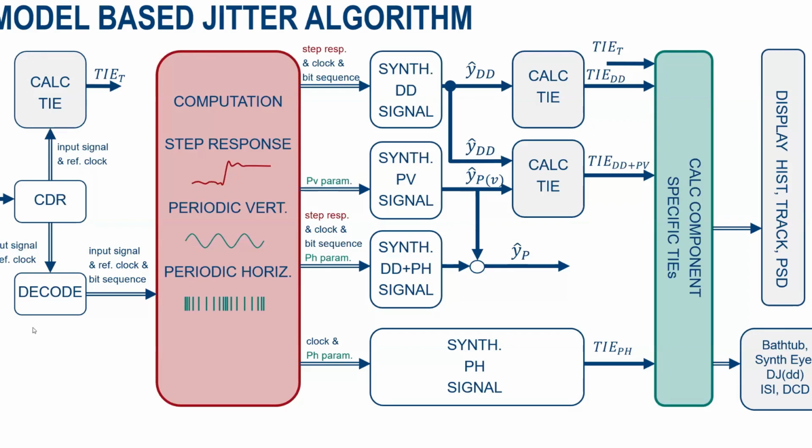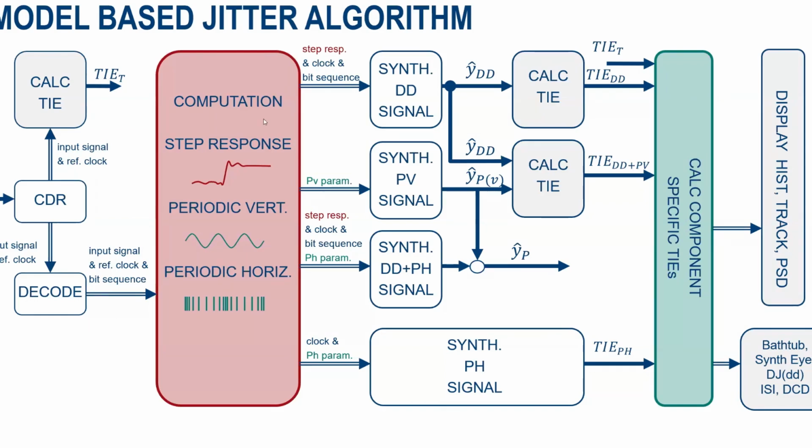But then, at the same time, we also decode the data bits. So instead of just measuring crossing times, we're actually going to derive what the bit pattern was, 1010, whatever it was, and we'll create an ideal waveform for that bit pattern, an undistorted waveform.